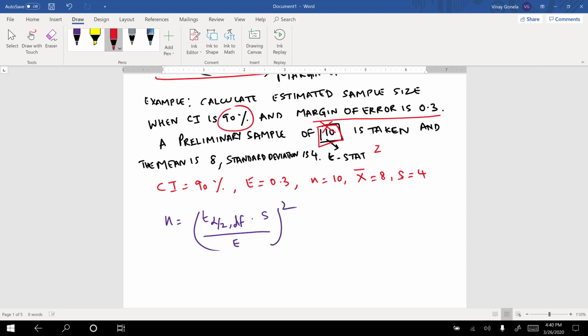Given is E is 0.3, S is 4, and then we have to determine this part. So what is this? This is the critical value.